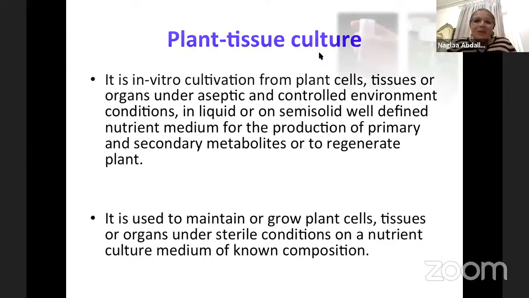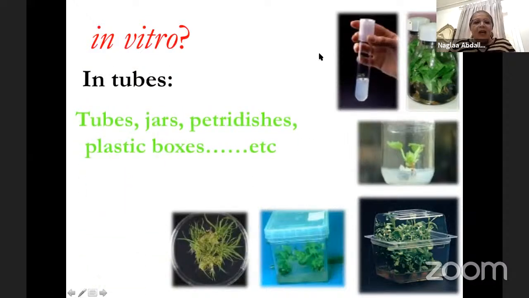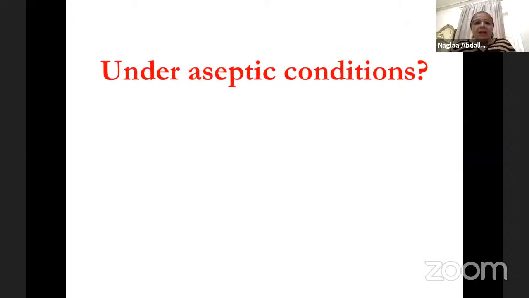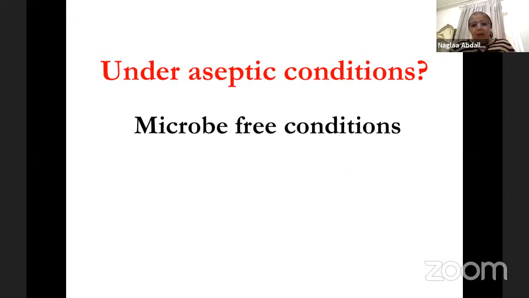In vitro means that we cultivate the plant in tubes, jars, petri dishes, or plastic bags, and so on. And under aseptic conditions, that means we have to use a microbe-free environment.